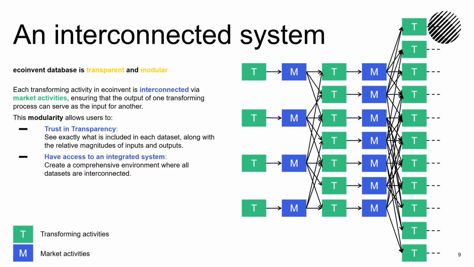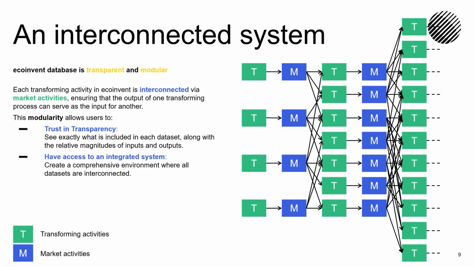This is particularly important because this modularity allows our users to trust in the transparency. You can see exactly the magnitude and the type of flows that are in a certain unit process, along with the metadata that describe this activity. And you also have access to an interconnected system.